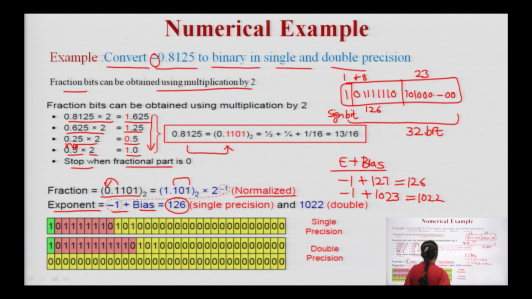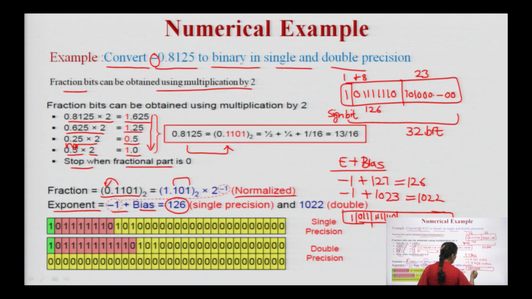Then taking the double precision part into consideration, again the sign bit is 1. So, I will write here 1, then write the exponent part, which is of 11 bits in this case. The binary value of 1022 is 0, 9 ones, and 0.